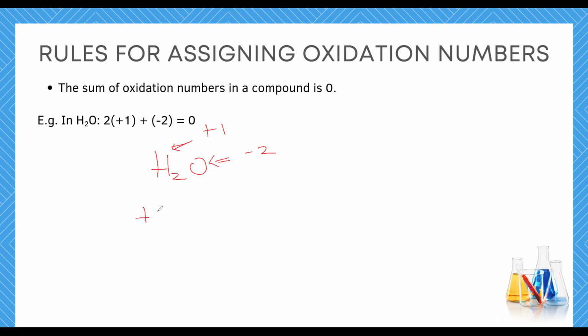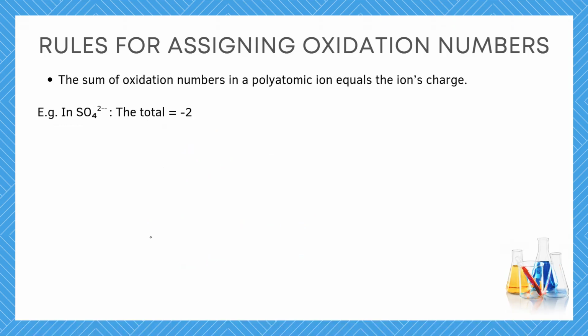We have +1 for hydrogen, and since we have 2 atoms of hydrogen, we'll multiply it by 2, plus oxygen over here, which is -2. So altogether we have 1 times 2 gives us 2. This bracket, when we open it, becomes 2 minus 2, which is equal to 0. So you can see that the rule is absolutely correct, that the sum of oxidation numbers in a compound is 0.